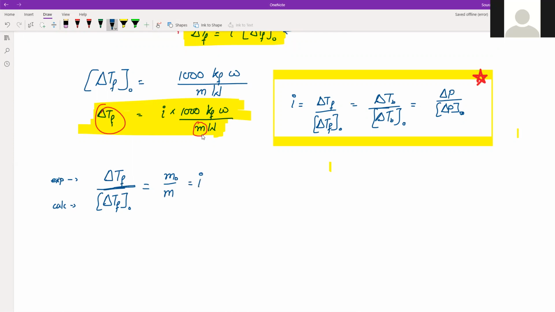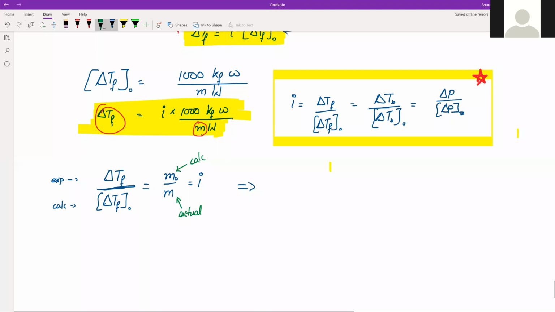So from here I can derive that, now here m naught is the calculated one and m is the actual.